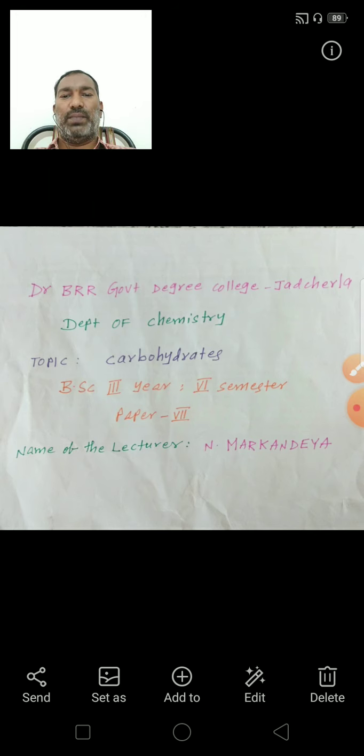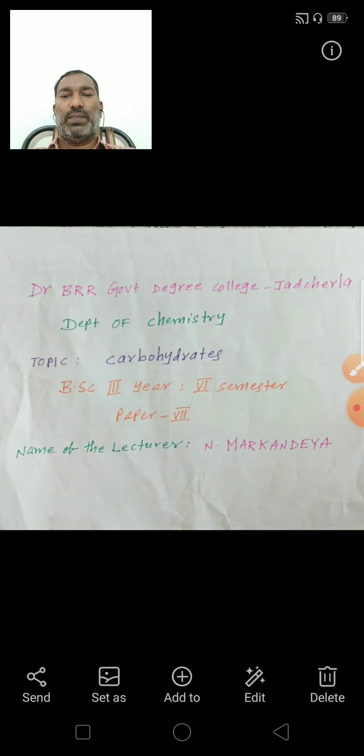If plane polarized light passes through a polarimeter and the isomers rotate it clockwise, they have dextro rotation. If the compounds rotate the plane polarized light anti-clockwise, they have levo rotation.